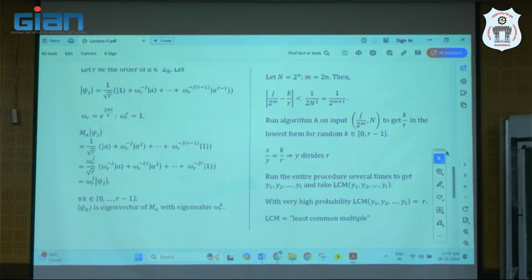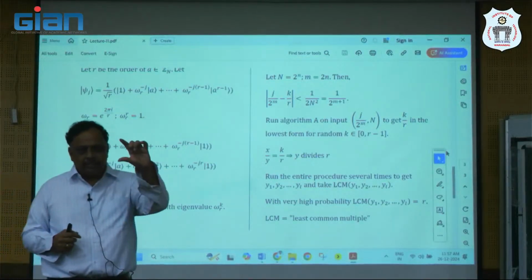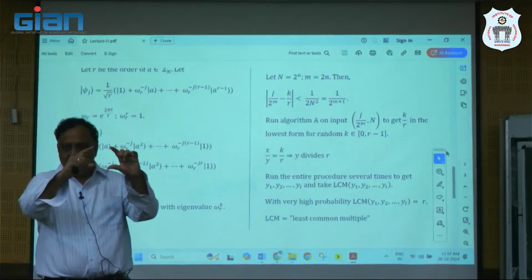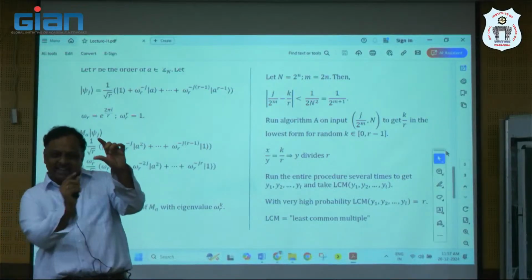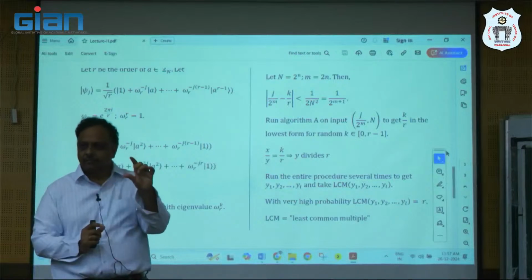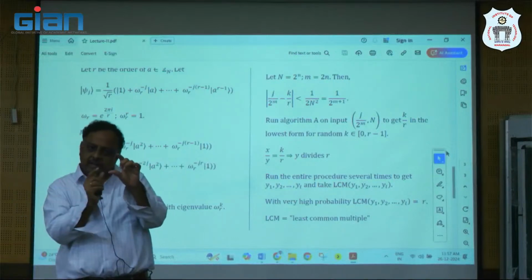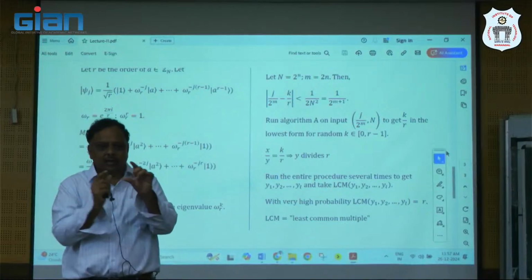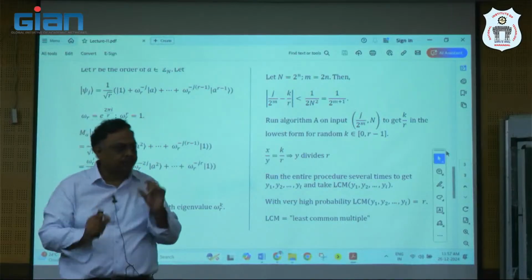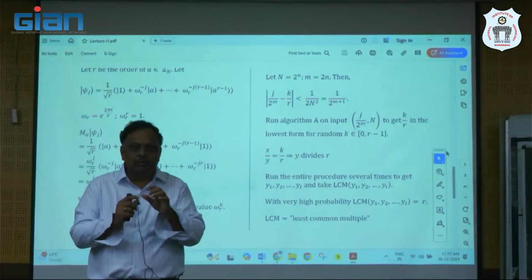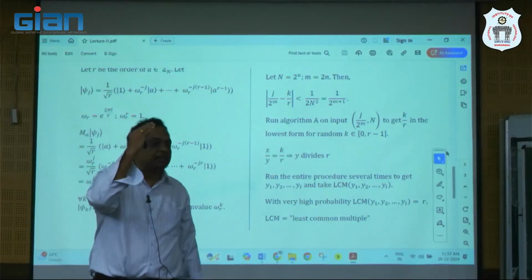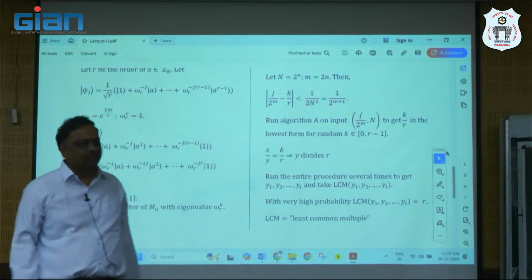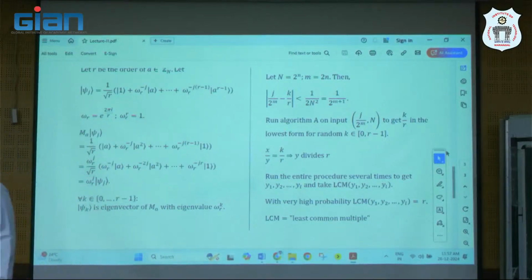Clear? Yes or no? Remember j over 2 to the m is there, k over r is there, they are very close to each other. We ran the continued fraction algorithm to get this much accuracy. Our fact is telling us that there has to be a unique x over y which is this close to it, correct? But if it is a unique rational number, it must be equal to k over r in the simplest form, correct?